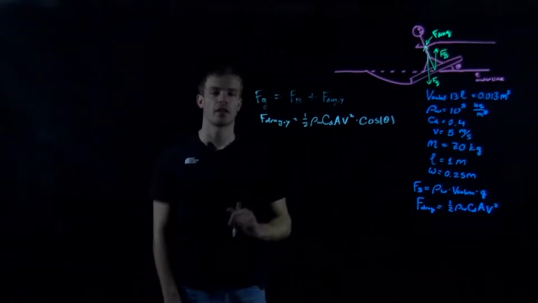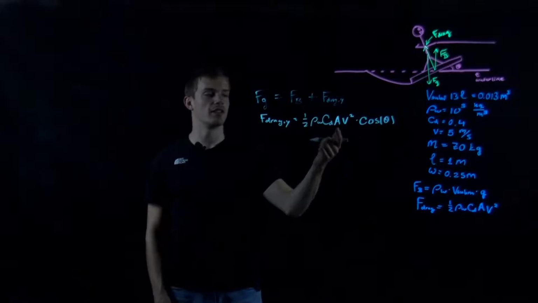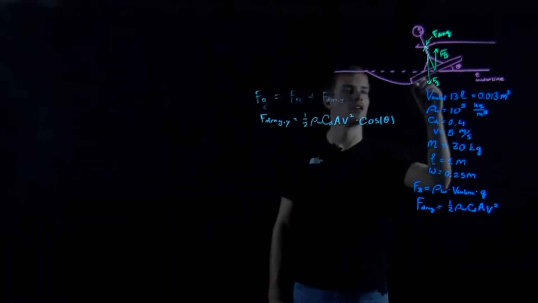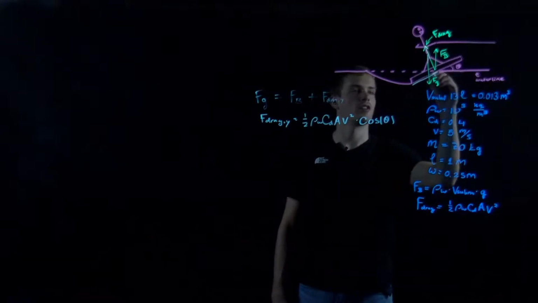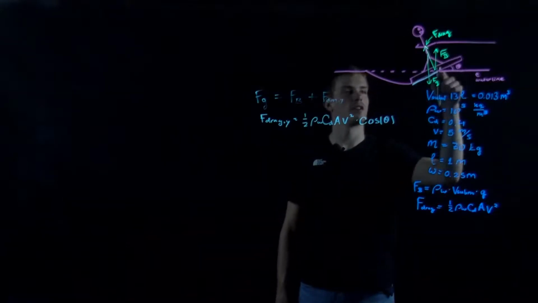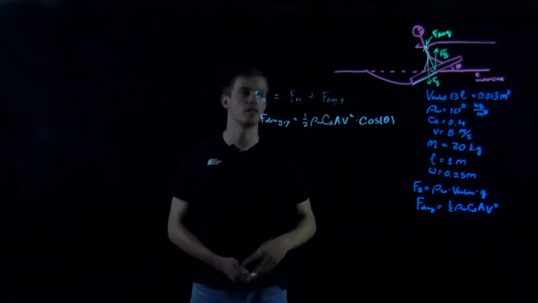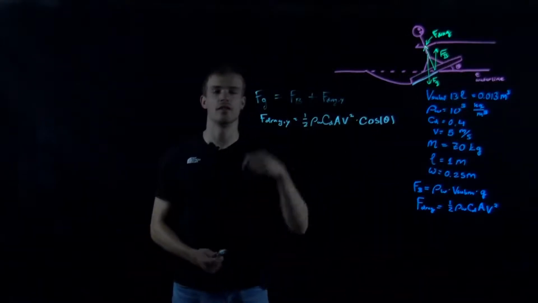Also, another thing that we want to know eventually is the area that the wakeboard has in the water, which is this area. And the area on the other side of the wakeboard doesn't contribute to the drag force.